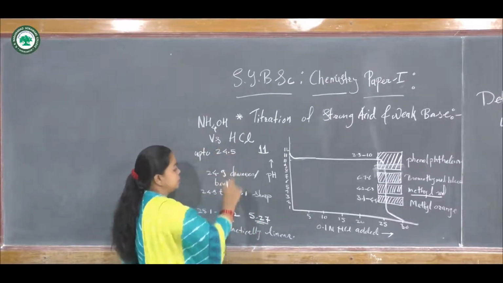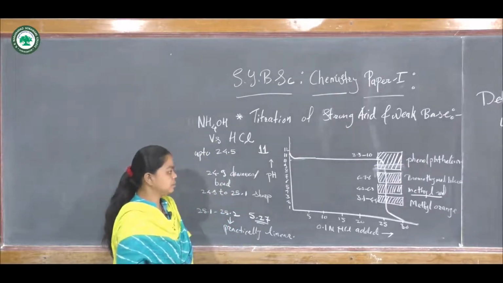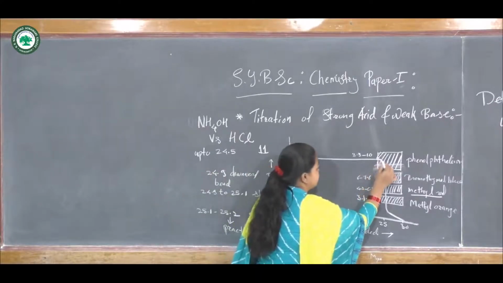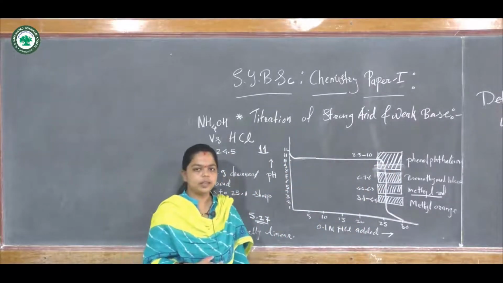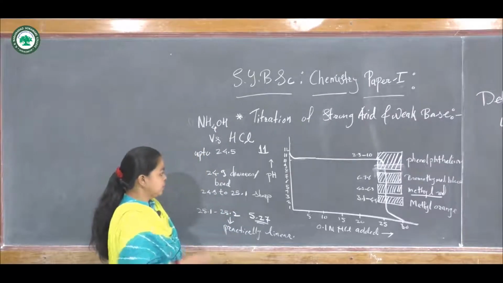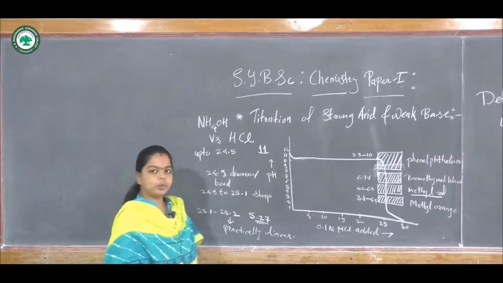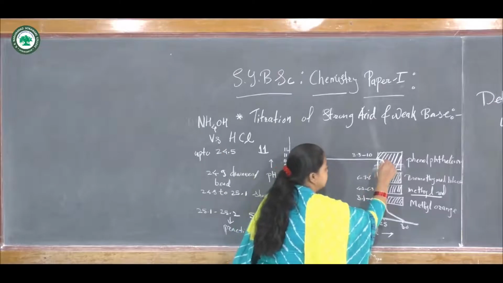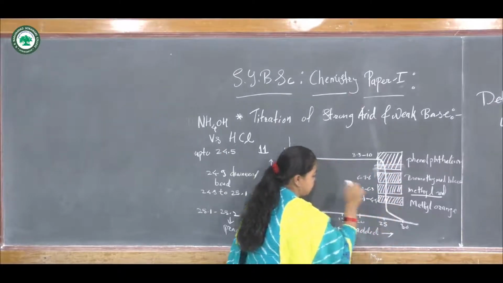After that, what happens? After the value 24.9, a downward bend is observed at this point in the graph. Further, if we add a small amount of HCl, then from 24.9 to 25.1 there is again a sharp change in the pH observed.